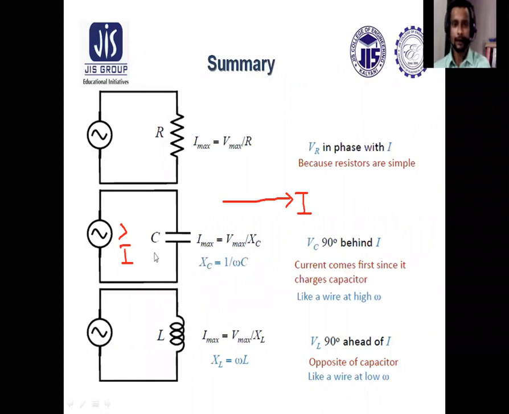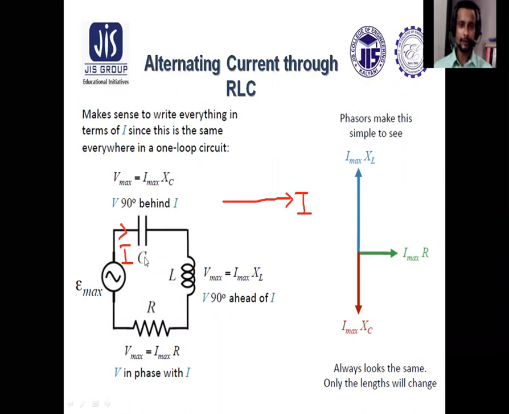Voltage across a capacitor will be lagging behind current, so VC is 90 degrees behind current for a capacitor. So voltage across the capacitor, let us assume that is VC.